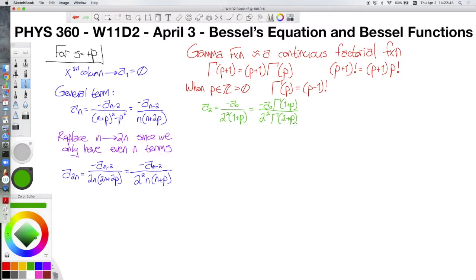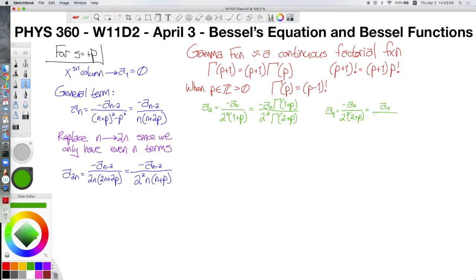So let's move on to the next one now. A sub 4 will equal negative a sub 2 divided by 2 cubed this time times 2 plus p, which we can then plug in our expression for a2 in terms of a naught.